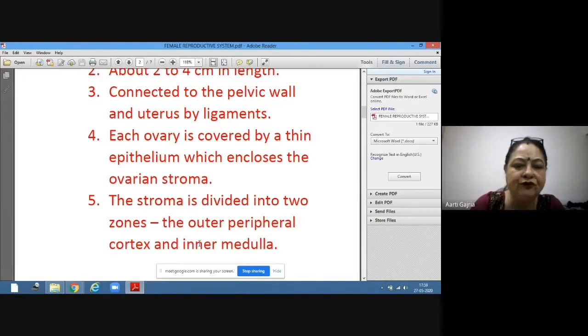So each ovary is covered by a layer of epithelium, which is a thin layer, and inside that there is an ovarian stroma, which is divided into two zones. Peripheral is cortex and inner is called medulla.